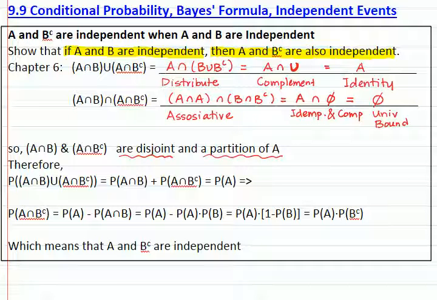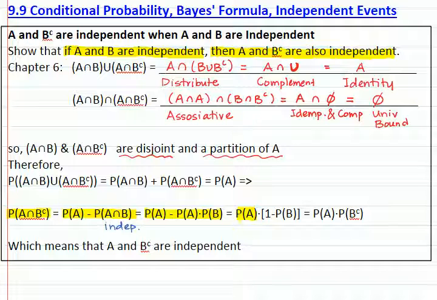Therefore, the probability of A intersection B union A intersection B complement will be the sum of those two probabilities, and it will equal the probability of A occurring. Therefore, the probability of A intersection B complement is the probability of A minus the probability of A intersection B. And because A and B are independent, the probability of their intersection is the product of those two probabilities, and I will factor out P(A).